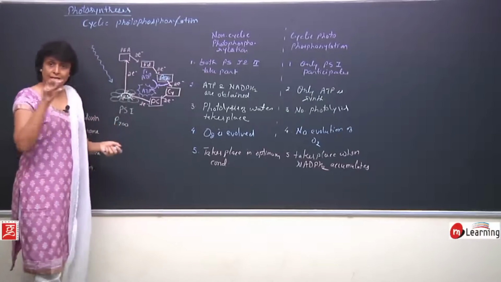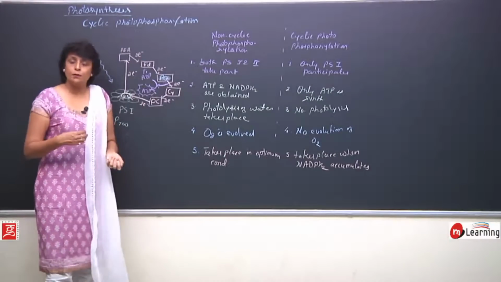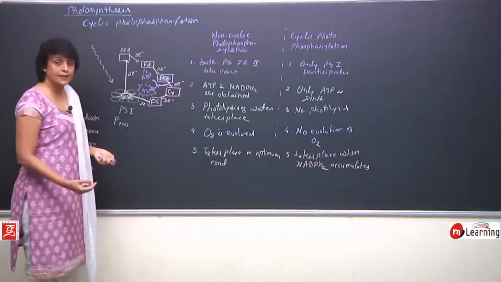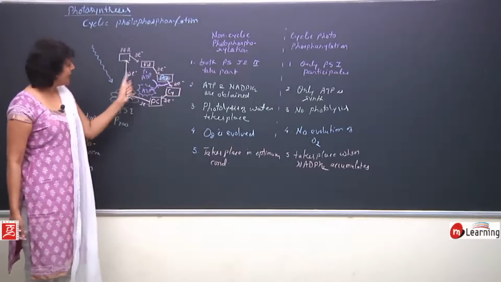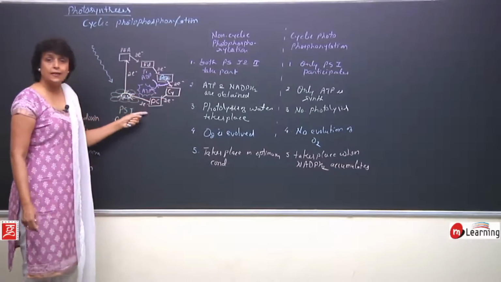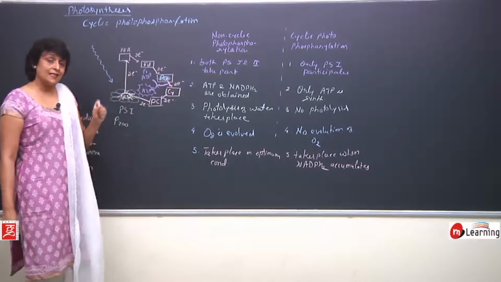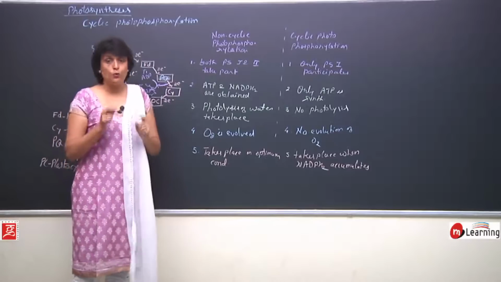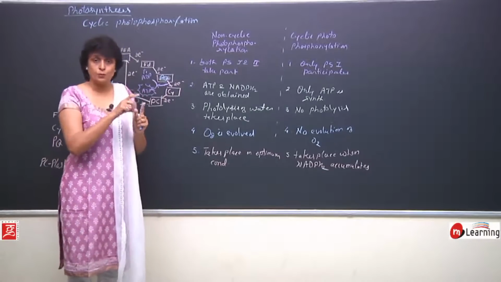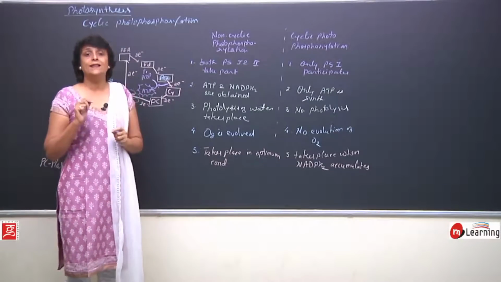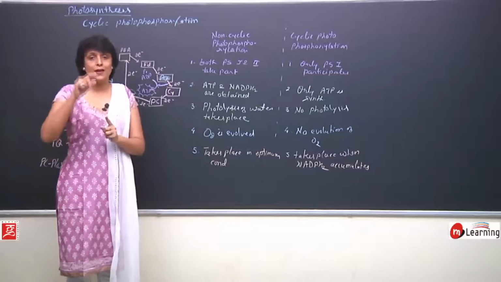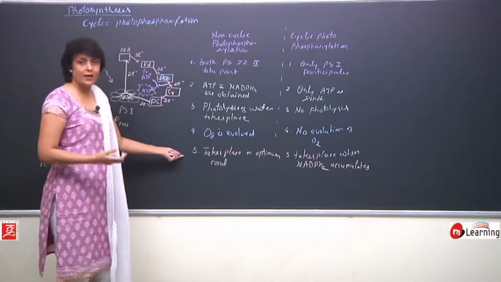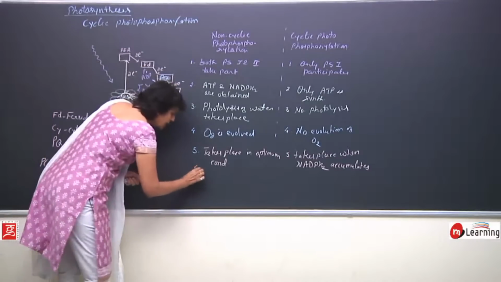Along with the complete cycle, we can add a couple of points more. For example, in case of cyclic, there is only one electron transport chain, whereas in case of non-cyclic there were two, one between photosystem 2 and photosystem 1, and the second one between photosystem 1 and NADPH2. So, we can write that also as an additional point.